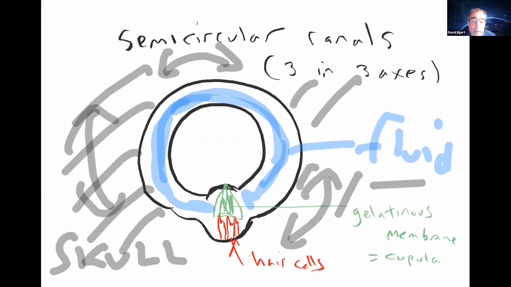Except the fluid. What happens if I take a glass of water and I start rotating it back and forth? Does the water just move along with the glass? No. It has inertia, right?